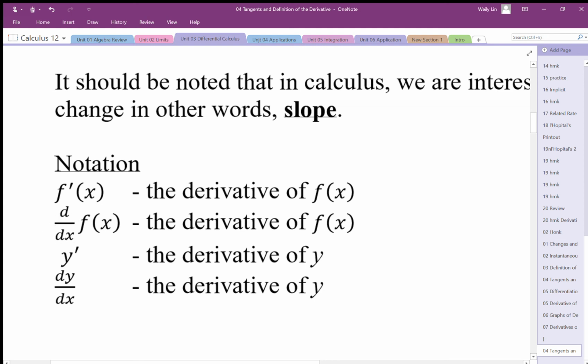Well, that slope, change in y over change in x, is the derivative of f, the slope function of f of x. Or here we can more clearly see the change in y over change in x is a slope function that calculates slopes on the original graph y. Okay, so this is the notation we're going to start using. We will use this interchangeably, so make sure that you're clear on this new notation.